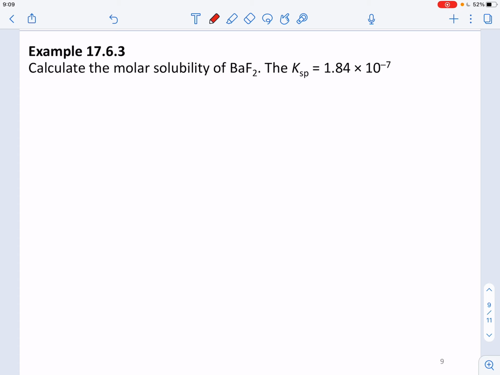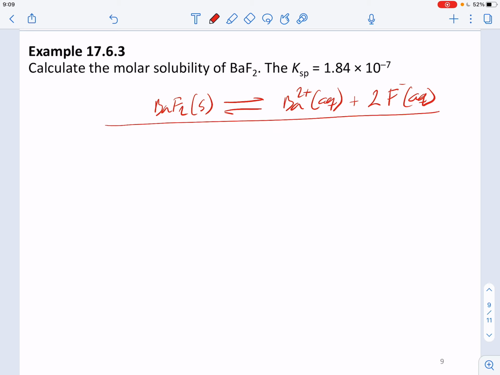The first thing that we have to do is write the solution equation, right? So the solid is in equilibrium with its ions. You obtain 2 fluorides. All right.